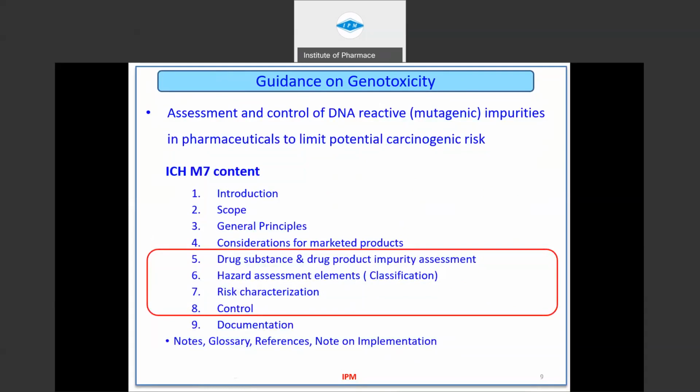We will be now focusing on the operative part of M7 guideline.